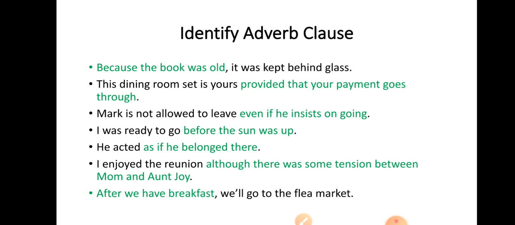Before the sun was up, I was ready to go. It tells the situation, that it answers the question. This is timing. When he acted as if he belonged there, the clause defined the verb act.